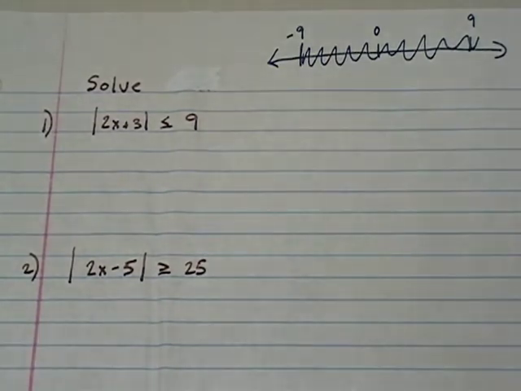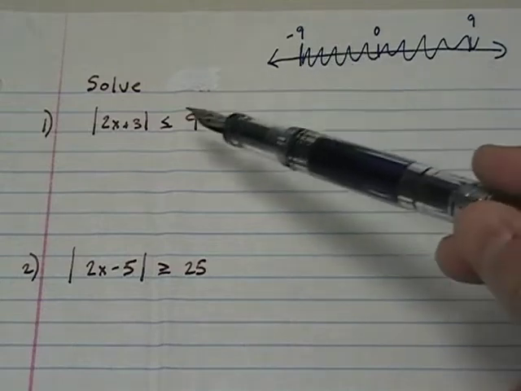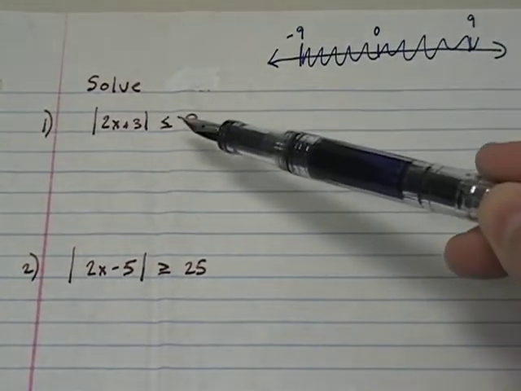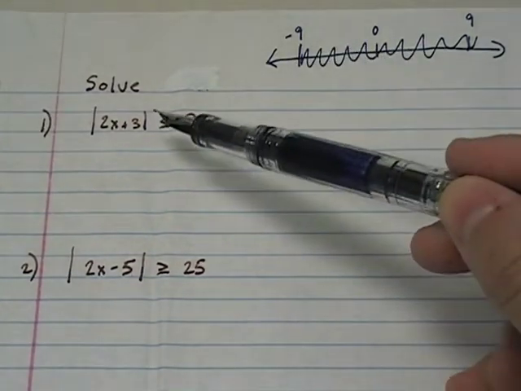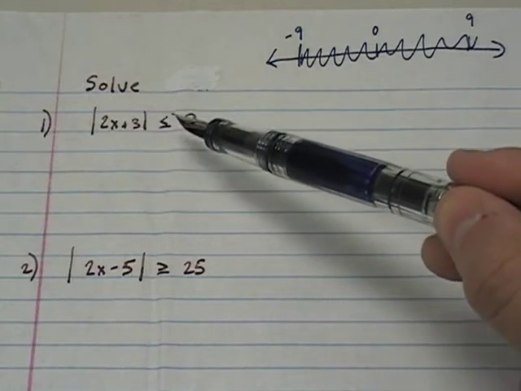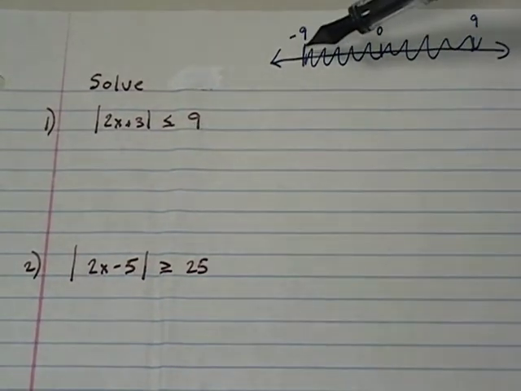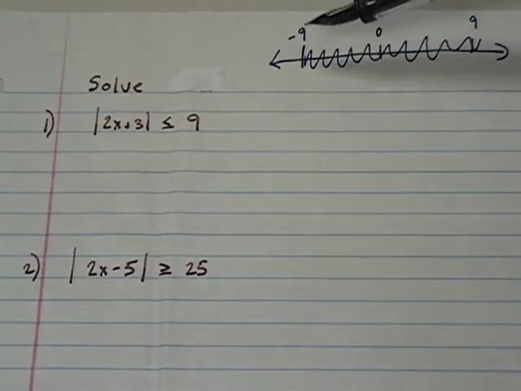Basically we're saying that this quantity must be less than 9, and it must be greater than -9, because we're saying this is less than 9 steps from 0. This is exactly 9 steps from 0; less than 9 steps from 0 would be greater than -9.